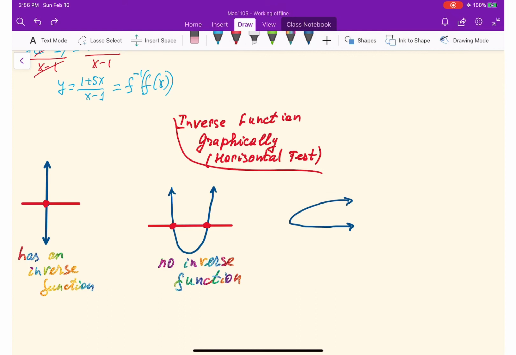Remember, when do we use a vertical line? To identify if it's a function or not, right? A horizontal line we use for identifying if the function has an inverse. Okay, it's crossing only in one spot, which means it has an inverse function.